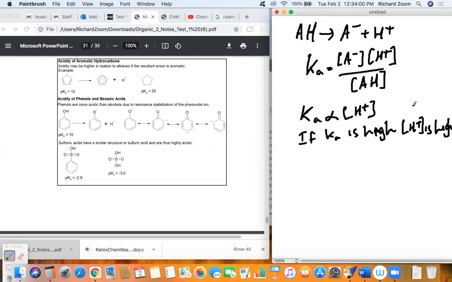That's another way of saying that acidity is high, because that's what acidity is. It's the presence of H+. So the bottom line there is, if acidity is high, Ka is high. Is everybody okay with that? Does anybody have any questions?